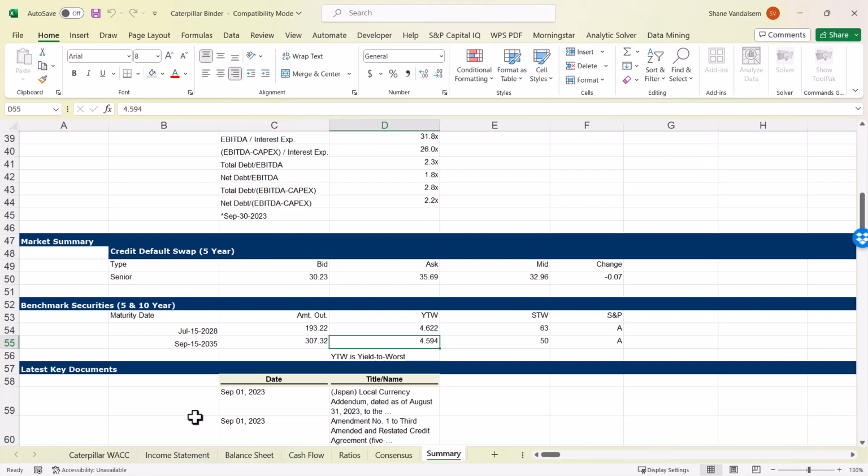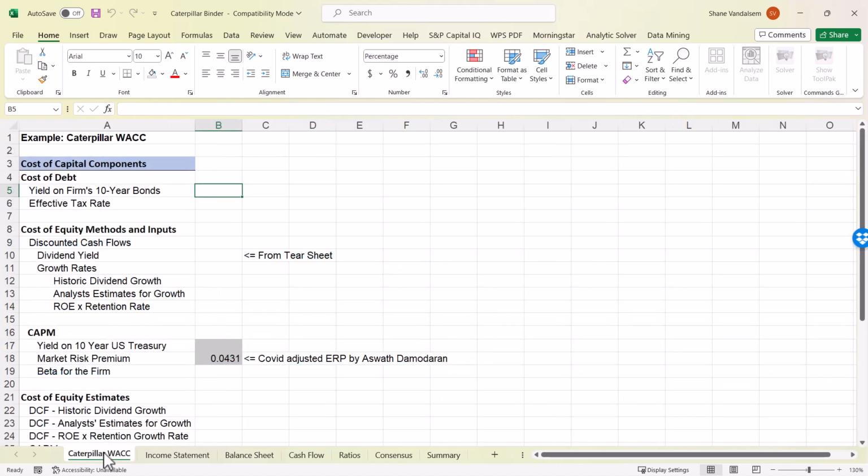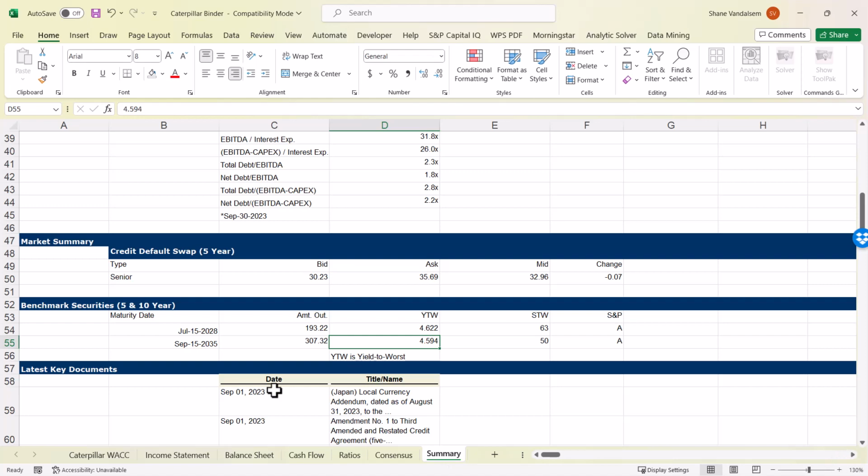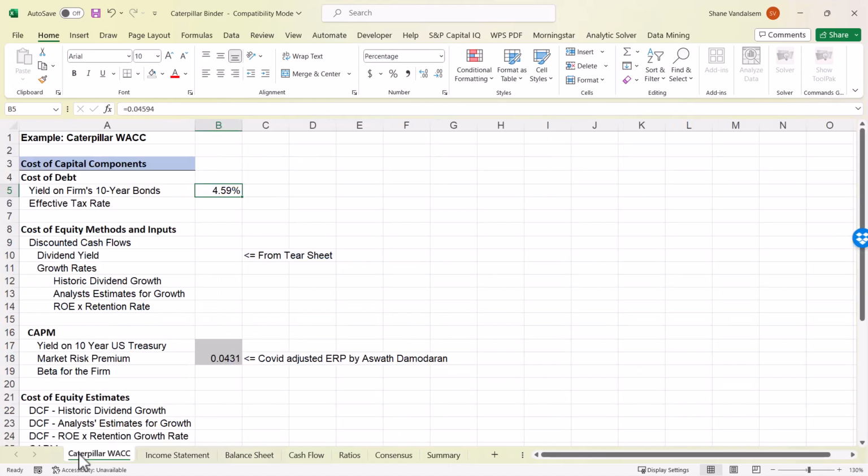And I'm going to actually go out here to the first tab, Caterpillar weighted average cost of capital, and put the yield to maturity here as equal to 0.04594. You see that I put that as 0.04594, so it makes it into a percentage, 4.59%.